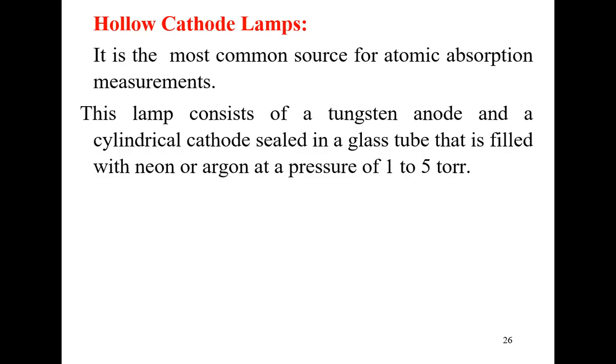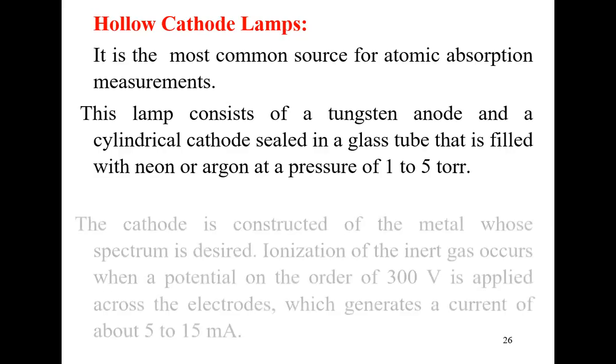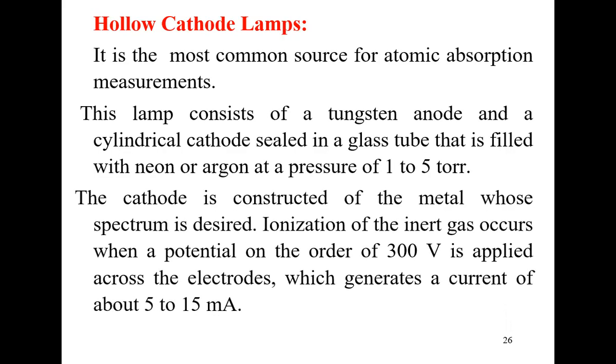Now, why do we need neon within that tube? Remember there is the anode and the cathode, a cylindrical cathode, and all those are sealed in a glass tube. That glass tube is filled with neon. It can be neon or argon, because they're most commonly used.